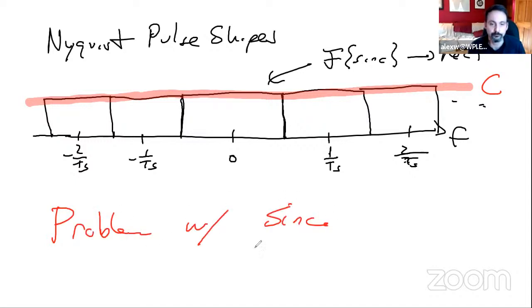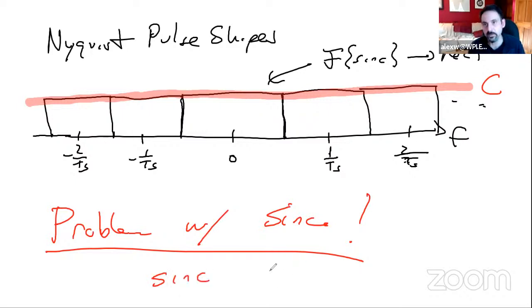What's that problem? The problem is sinc, just like in the frequency domain, sinc is defined from minus infinity to infinity. So you say, oh, well, so what? Well, here's so what.